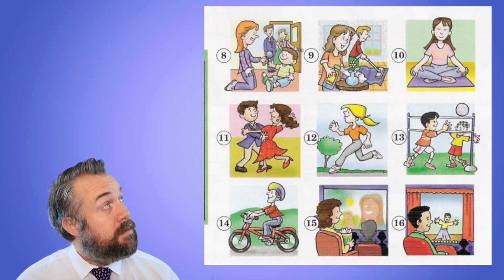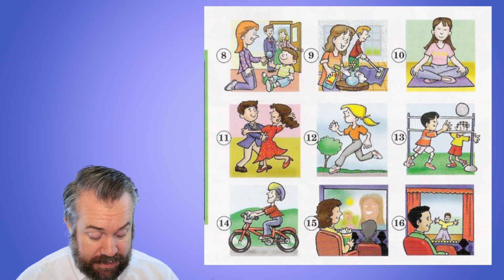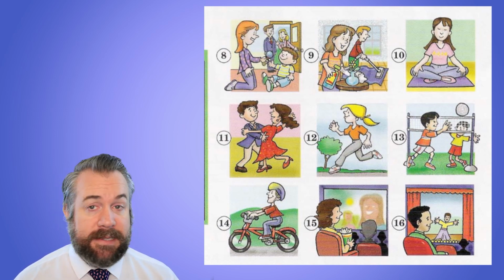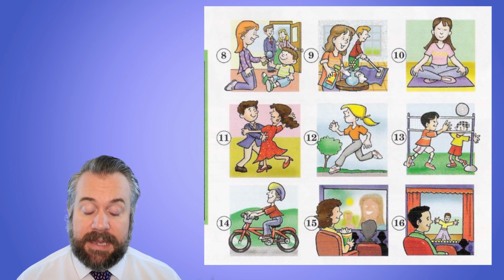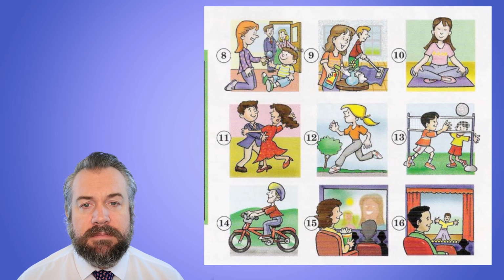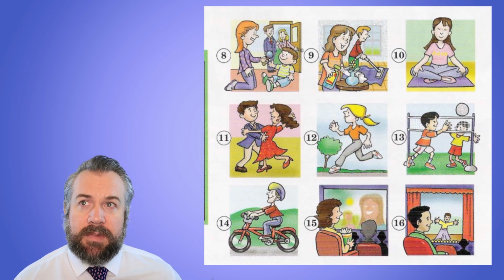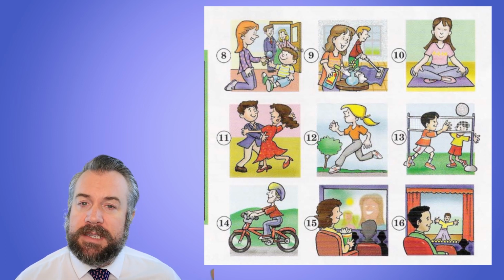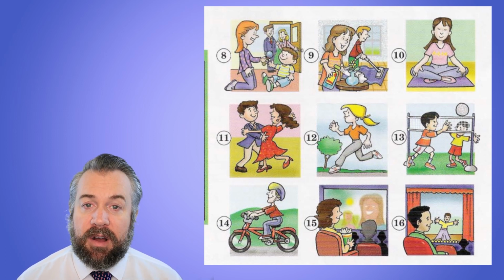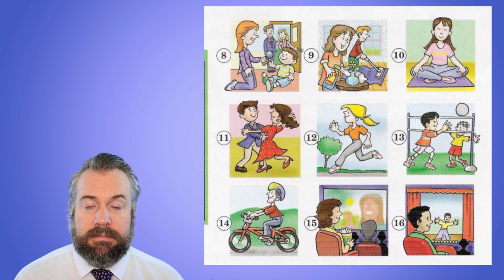Number 8 through 16 are some vocabulary for activities. Number 8 is babysit. What does babysit mean? In the West, it is usually a part-time job where somebody takes care of somebody's baby.